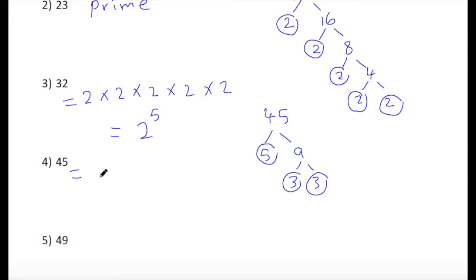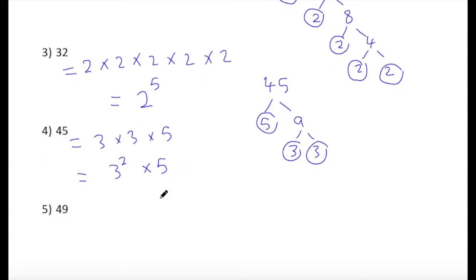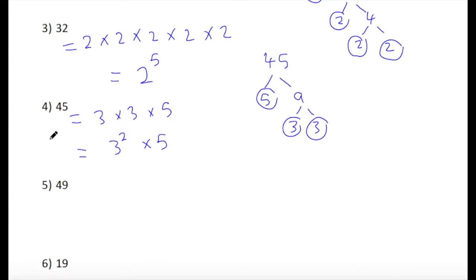So 45 can be written as 3 times 3 times 5, or you can rewrite it using exponents as 3 squared times 5. 49. It's a very simple one, because 49 equals 7 times 7. So we can rewrite it as 7 squared.